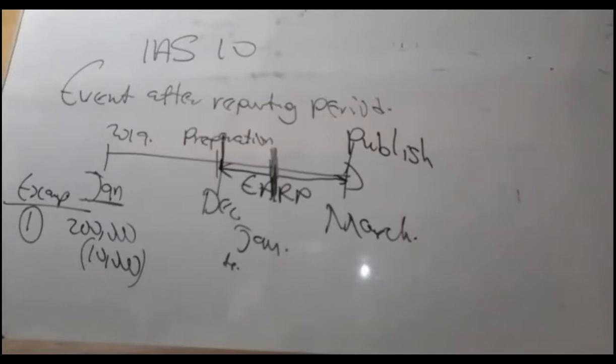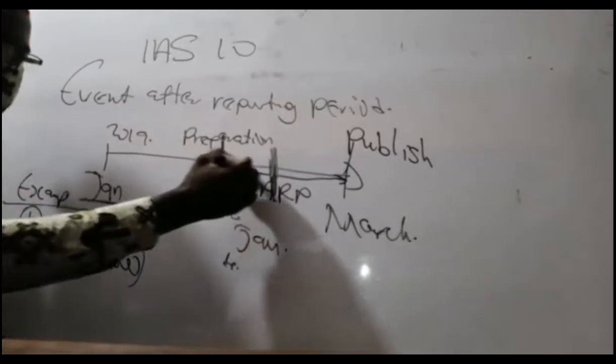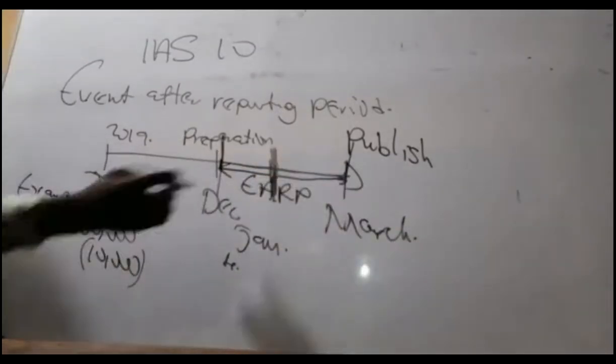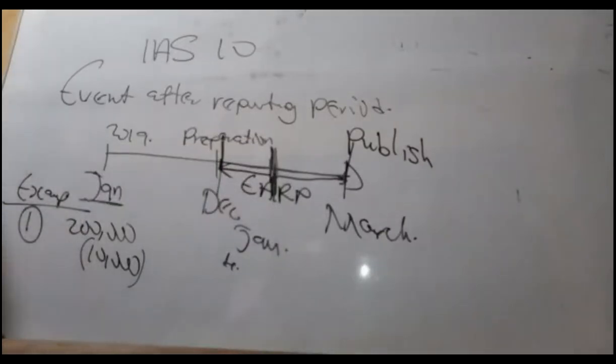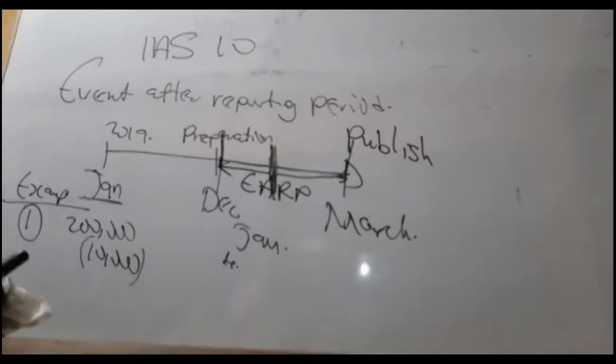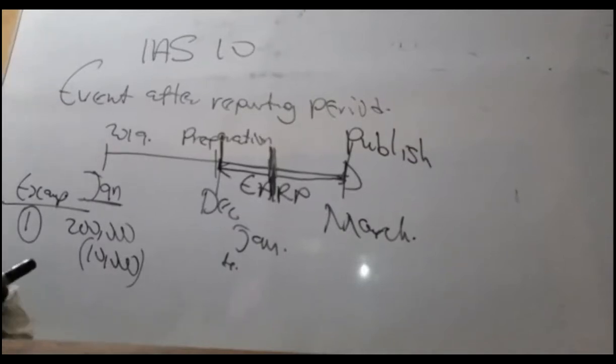Then it also talks about errors. Receipt of evidence of errors of the financial year is an adjusting event. Good. Over here, you've prepared the financial statement, and auditors are working on it. They realize that you've made a certain mistake, or there's an error in the recent financial statement.